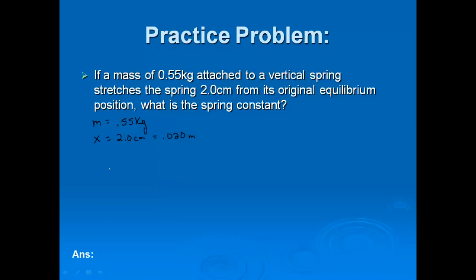And they ask us what the spring constant is. They want us to solve for k, but they really don't explicitly give us the force that is going to be needed as well. So we're going to have to figure out how to do that first before we do anything else.